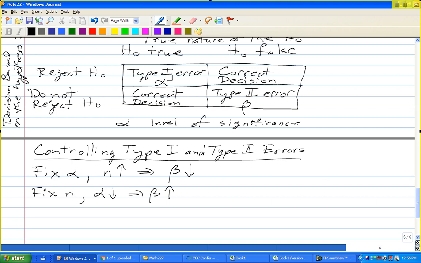So if you say, well, I want to decrease the amount of convictions of innocent people, that means you increase the non-conviction of guilty null hypotheses. And so you're letting more and more guilty null hypotheses go free. Similarly, if you increase alpha, you'll decrease beta.